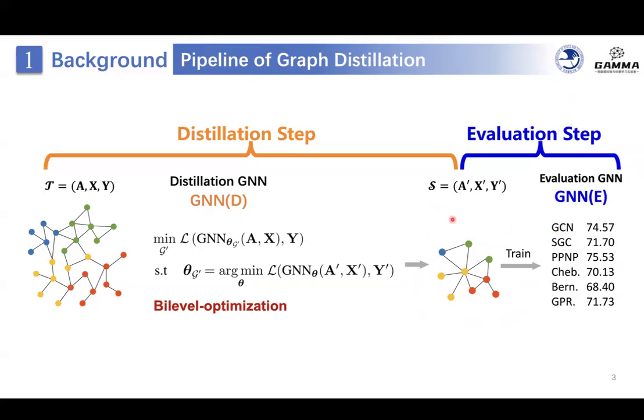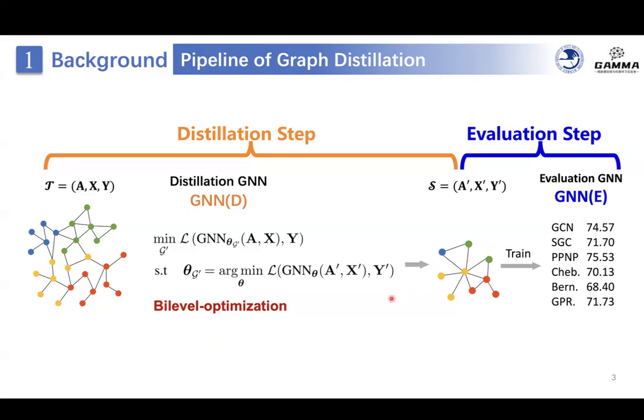It is noteworthy that both steps involve a specific GNN, and we refer to them as the distillation GNN and the evaluation GNN respectively, which will be frequently mentioned in the following discussion.